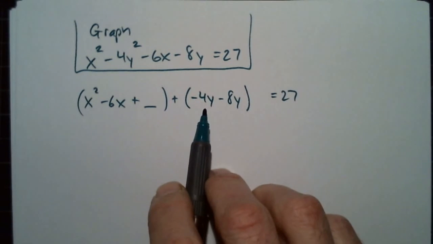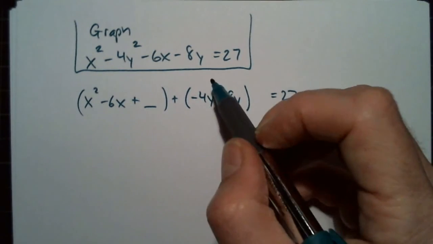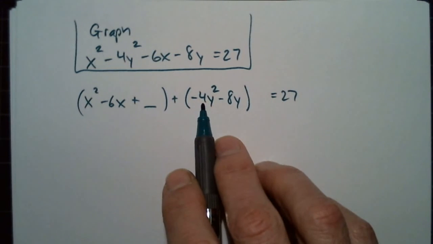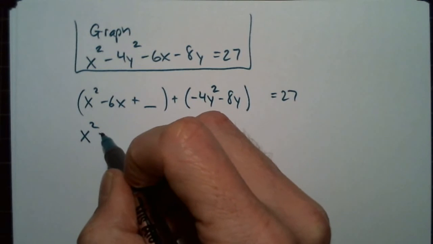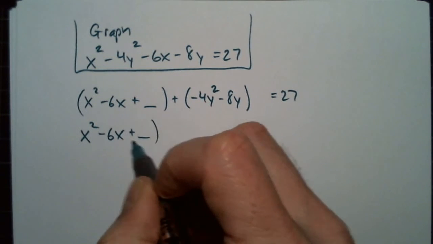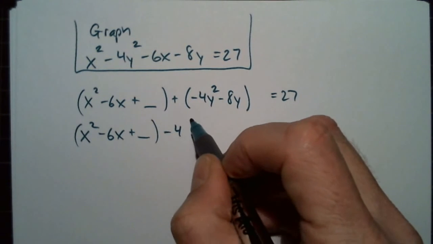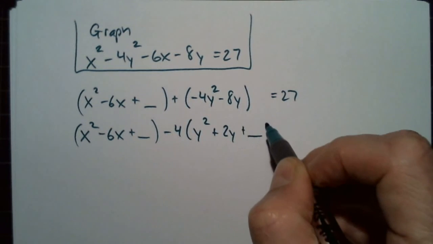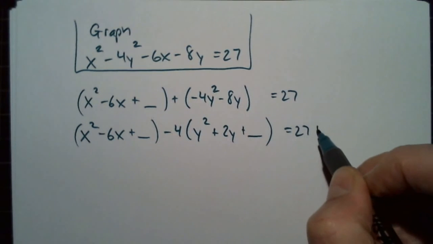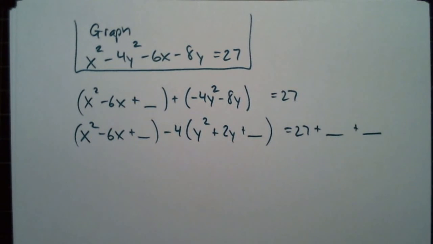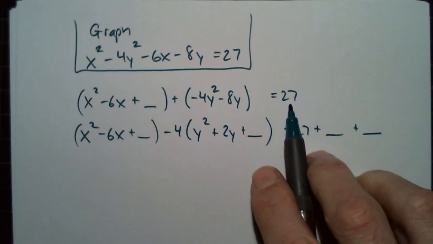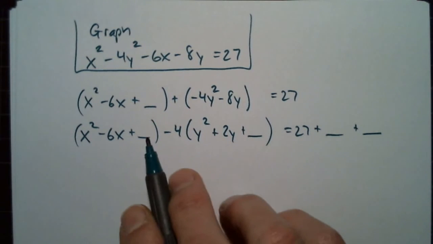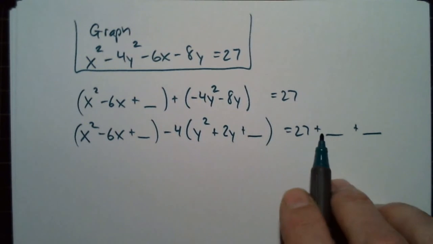So before we complete the square, here, we have to factor that out. Since I have a 27, already have a number on the right, I could either subtract numbers here or add numbers there.